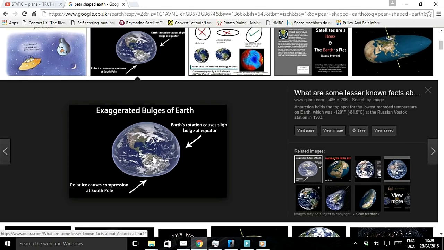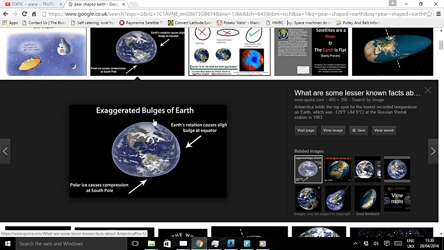So I'm not sure about you, but can anybody point to the center of this shape? Where exactly is the geometric center of a pear-shaped object? Well, the answer is there isn't one. There isn't a geometric center. It could be anywhere. The center at this point could be different to the center at this point.